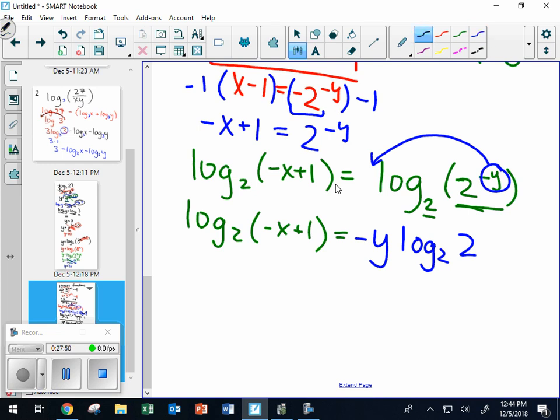Okay, so if we have log base 2 of 2, since we have the base in the logarithm and the base in our argument and they're the same, that means this will equal 1. And this is negative 1.